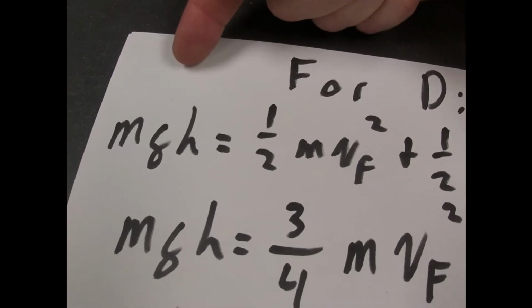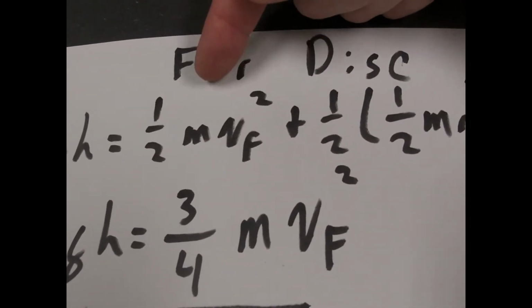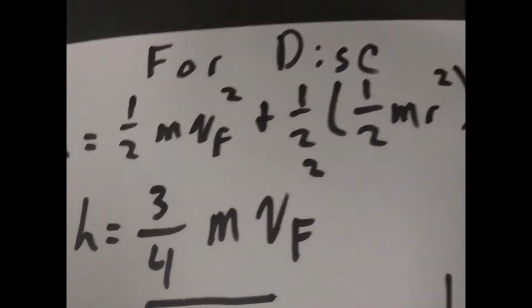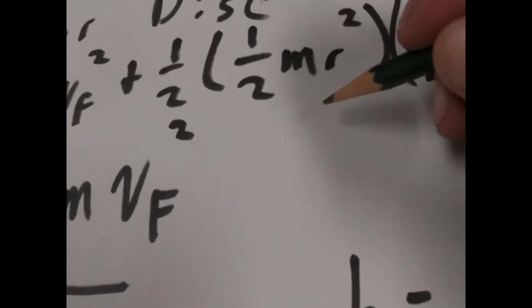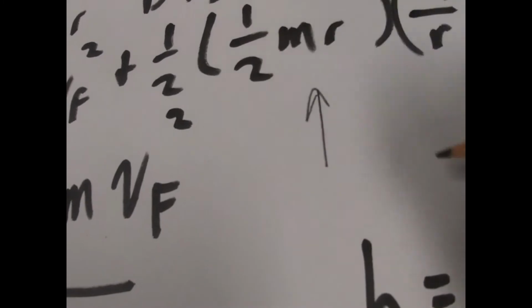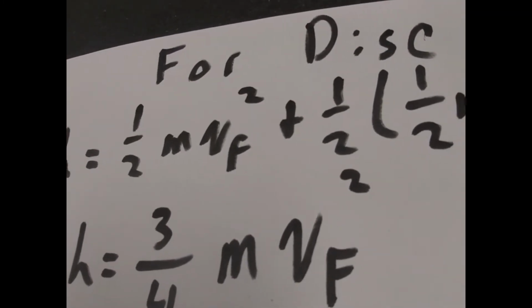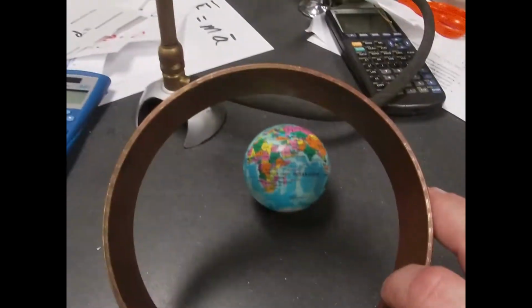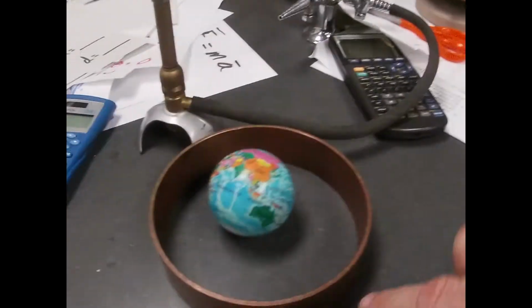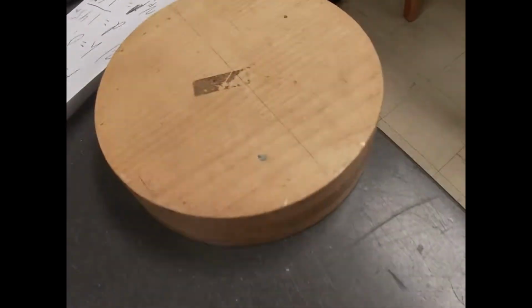Energy initial, mgh, equals kinetic energy, 1/2 m v final squared, plus the moment of inertia term. This time, the moment of inertia is for the disc instead. Remember, this is the disc and this is the hoop. Hula hoop, disc, frisbee disc.